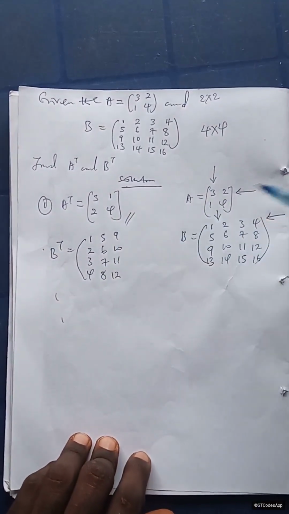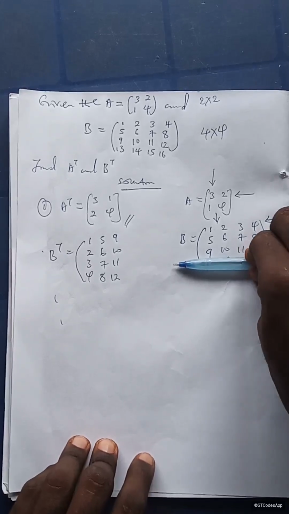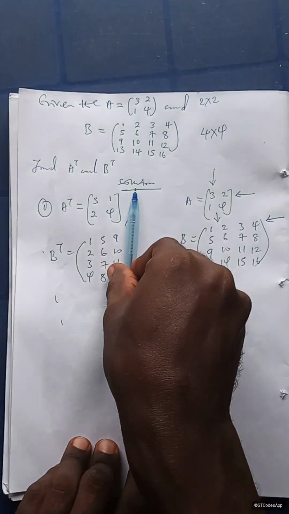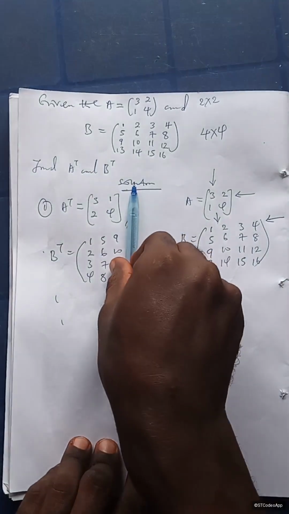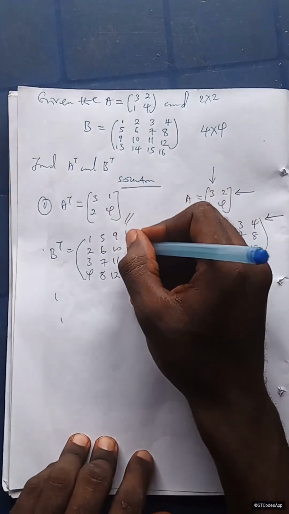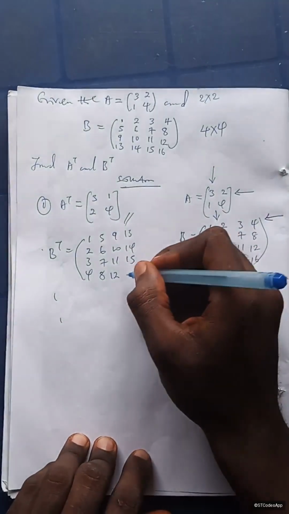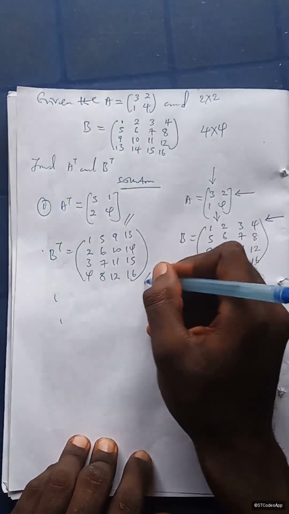Then looking at our fourth row, the fourth row becomes our fourth column, having 13 first, followed by 14, 15, and 16.